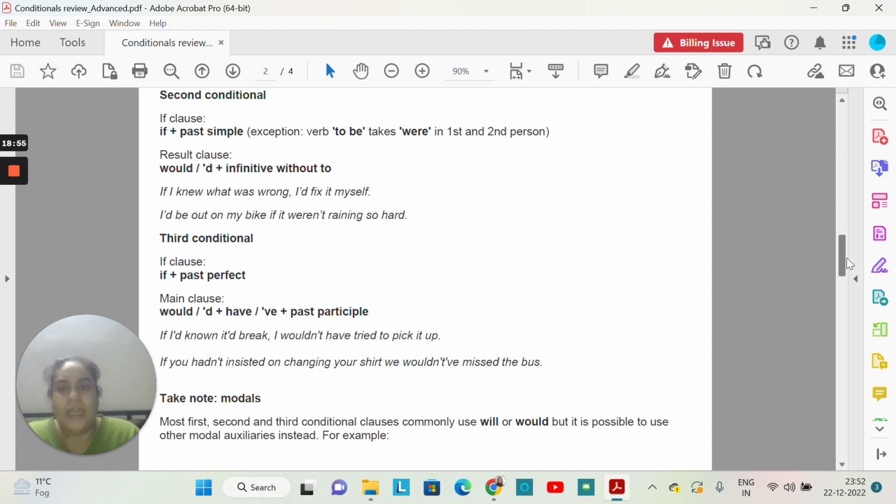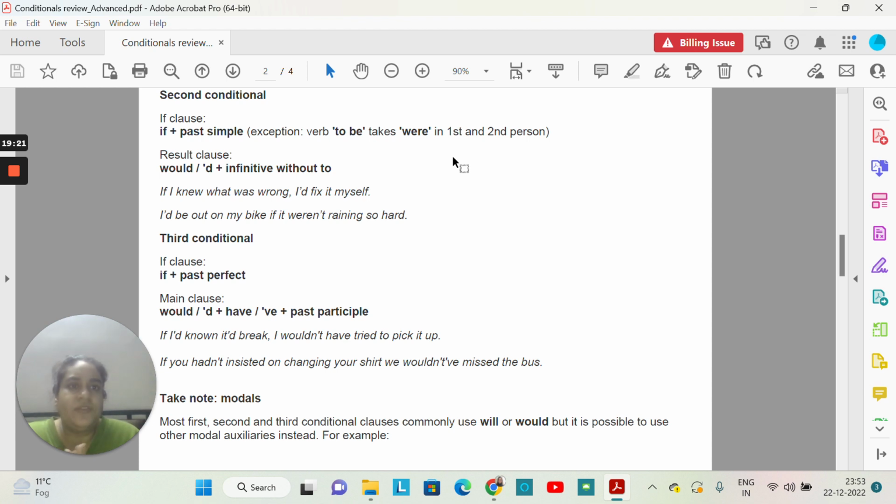Okay. Now like this said over here in the exception for simple past, if you have the verb to be, then you will use were in first and second person. For example, if I were there, if you were there. You will not use was, if I was there or if you was there. It will be were. That is the one exception.